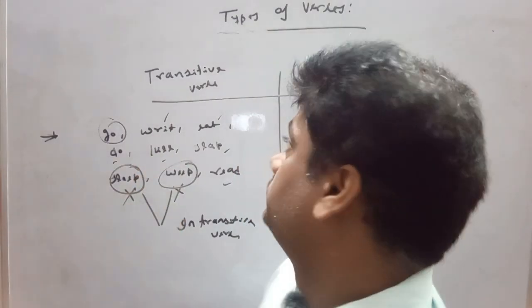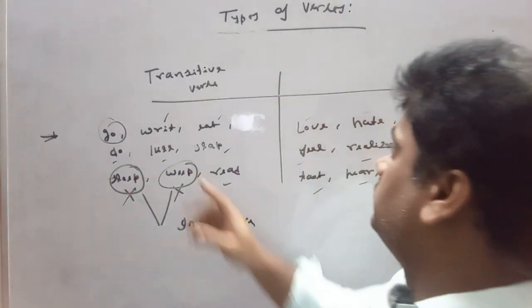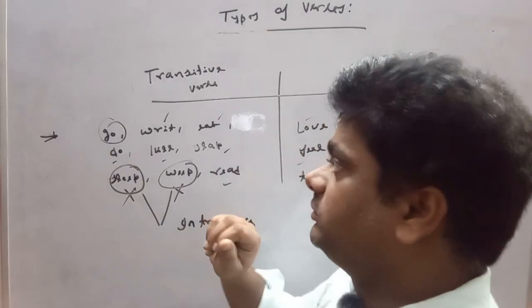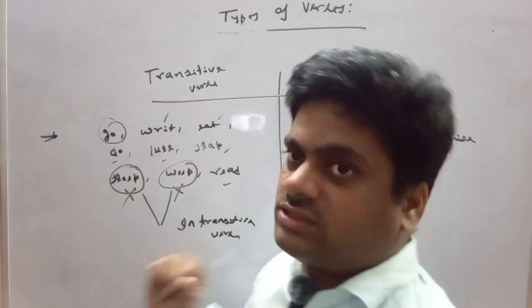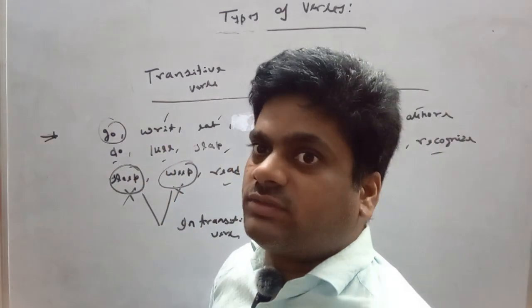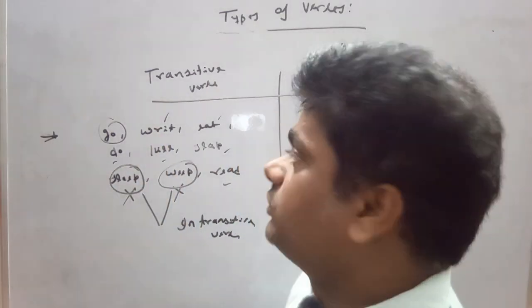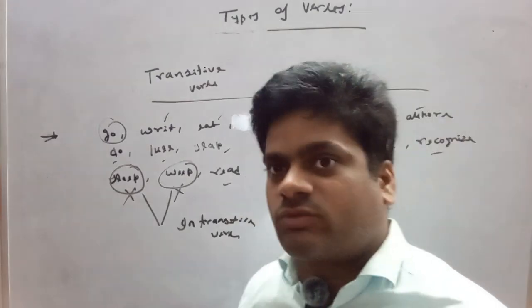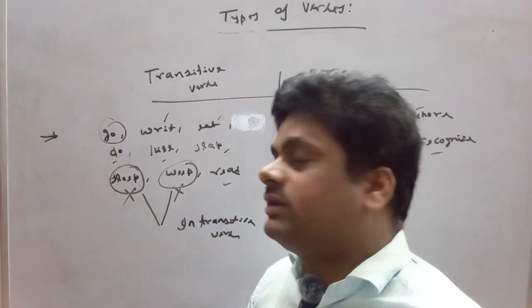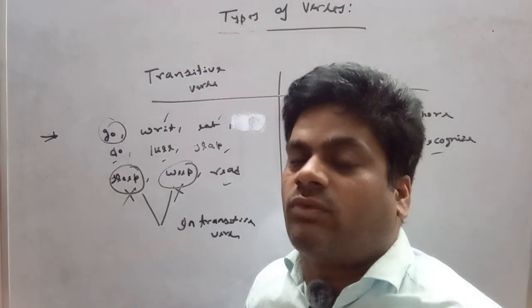Write. Write is a transitive verb. Eat is a transitive verb. If we are going to identify a transitive verb in a sentence, we would have to ask only one question: what? He wrote. What wrote?